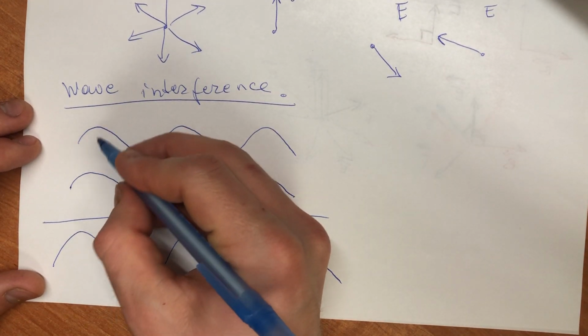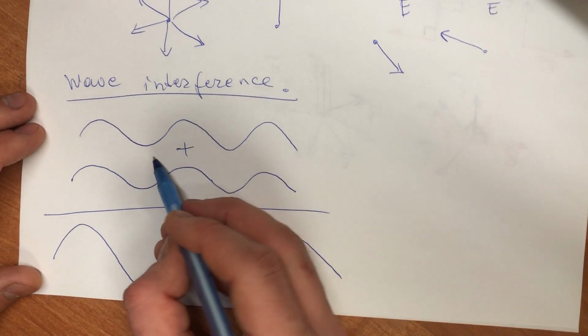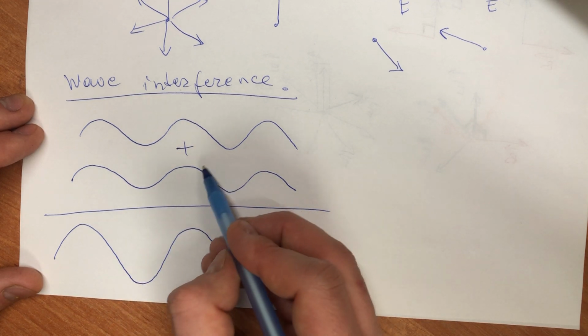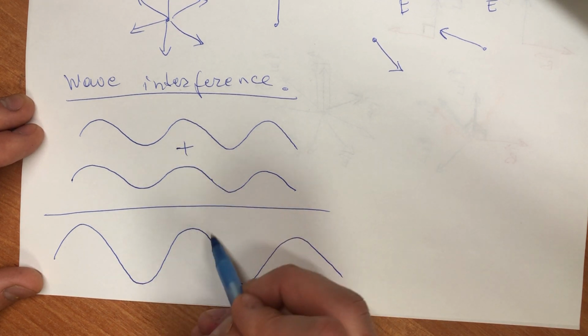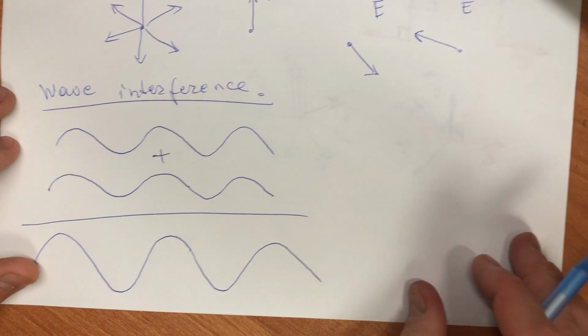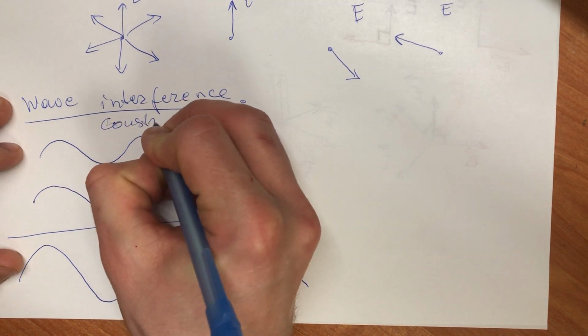When we add two maxima, we obtain twice higher amplitude, and in minima we obtain twice lower amplitude. Here again, these two maxima add up, these two minima add up. This is called constructive interference.